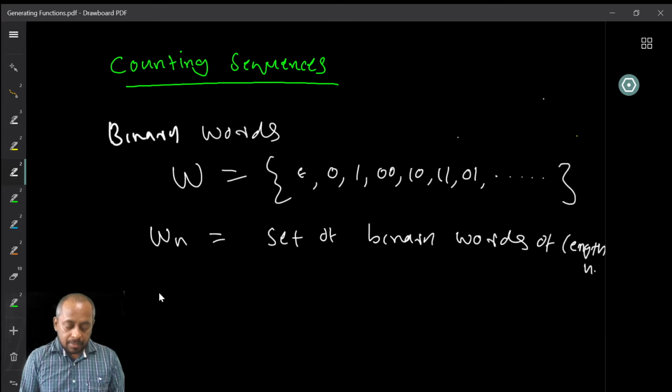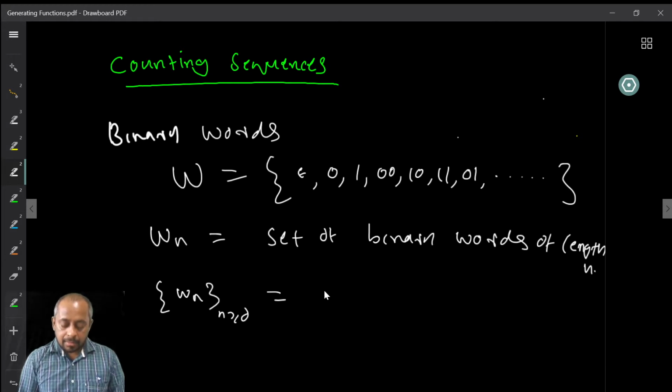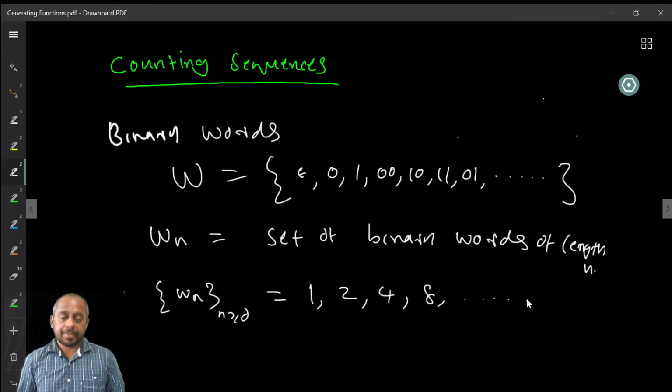So our sequence Wn is basically 1, 2, 4, 8, etc. Because there is exactly one empty word, there are two words of length 1, 0 and 1.